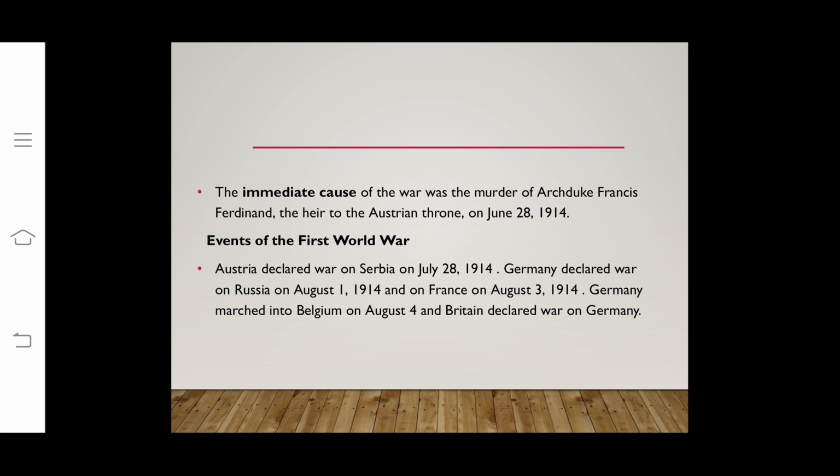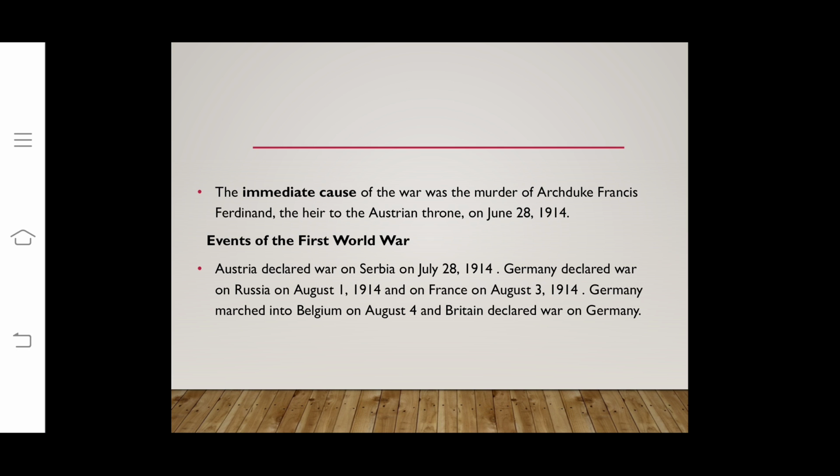Austria served an ultimatum on Serbia on 23rd July, making 11 demands. Events of World War I. On July 28, 1914, Austria declared war on Serbia because Serbia was not ready to fulfill the demands made by Austria.